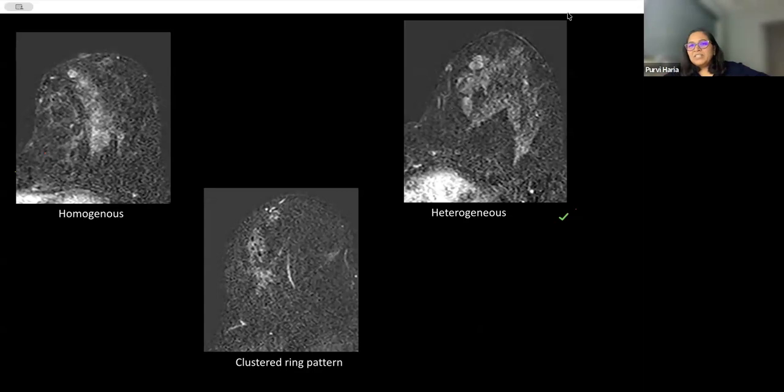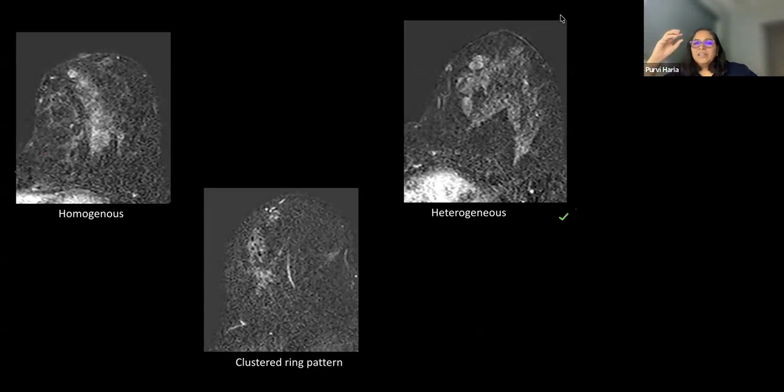This is more commonly seen with DCIS, where there is periductal inflammation and periductal increased vascularity that shows increased enhancement, which we see as the clustered ring.